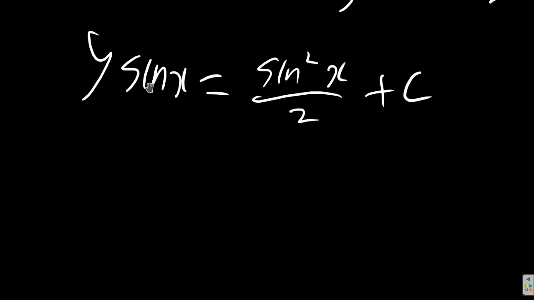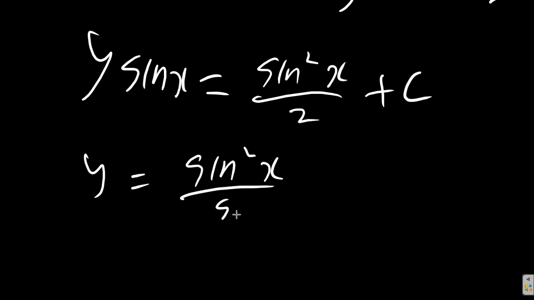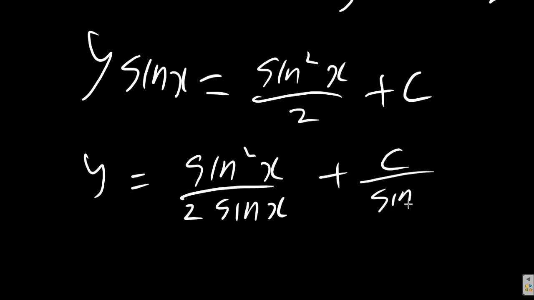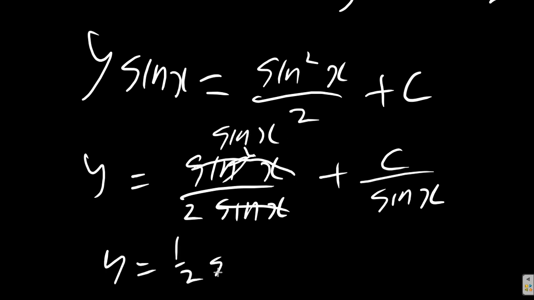Now suppose we divide by sin x, what would we get? y is equal to sin squared x over 2 sin x plus c over sin x. Sin x into sin squared x goes sin x. So y is equal to half sin x plus c divided by sin x.